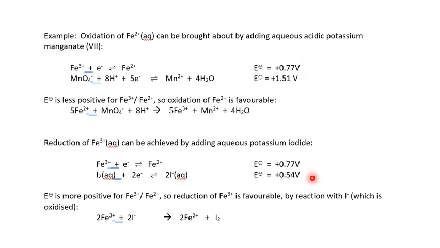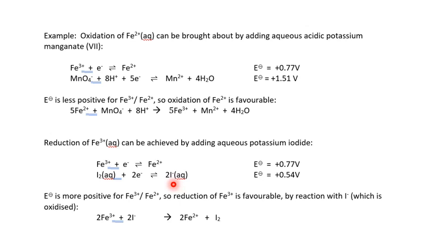On the other hand, if you want to go from Fe3+ back to Fe2+, you need a reducing agent. So you can see that that can be achieved using iodide, because if you compare these two electrode potentials, you get a less positive one for iodide and iodine. So less positive means that can go in the oxidation direction.